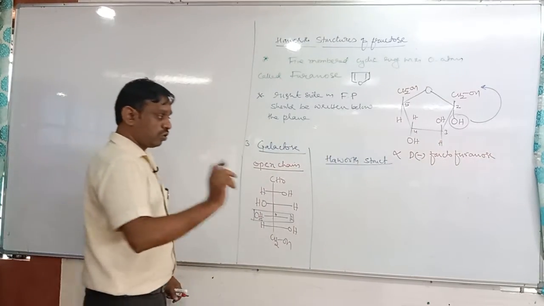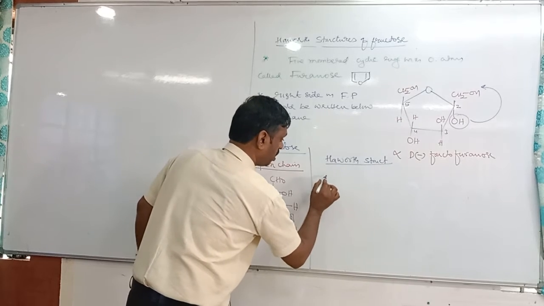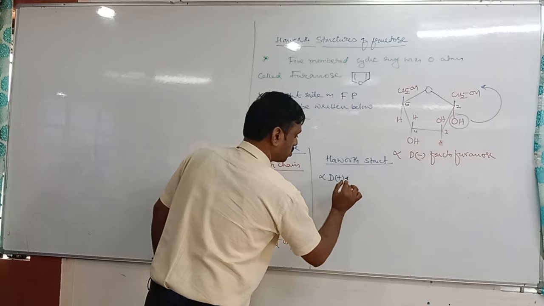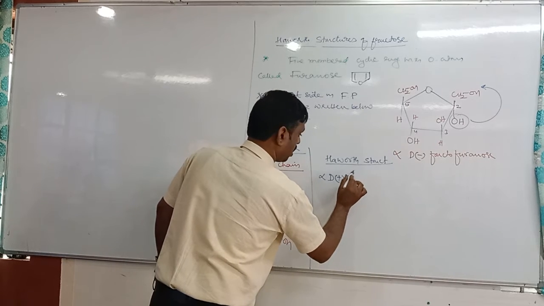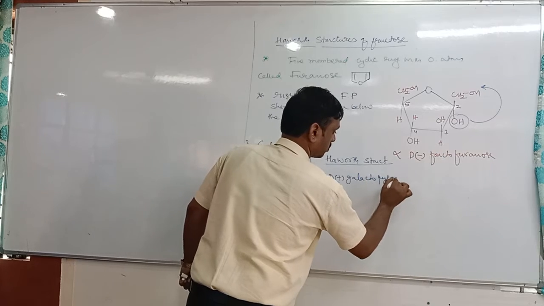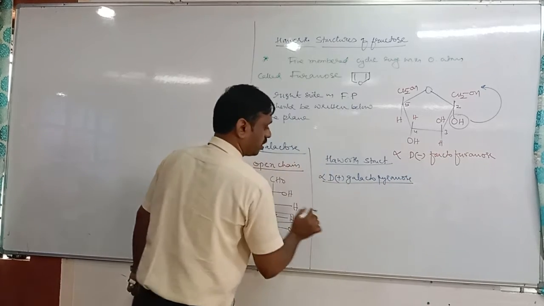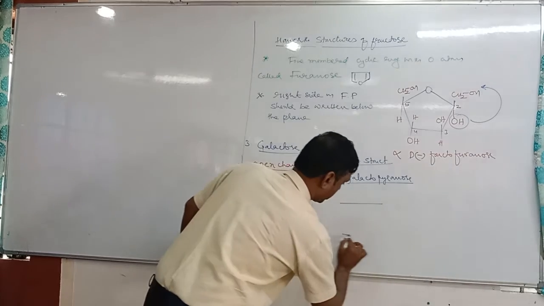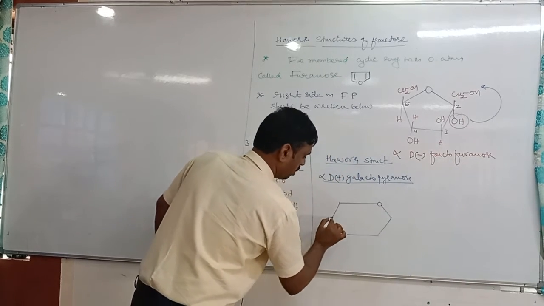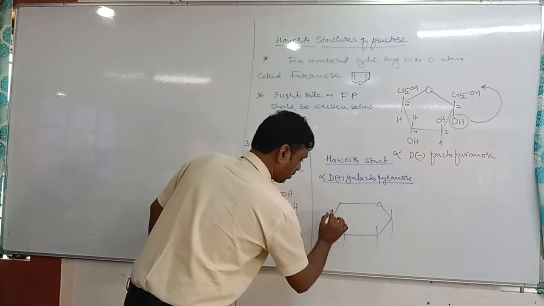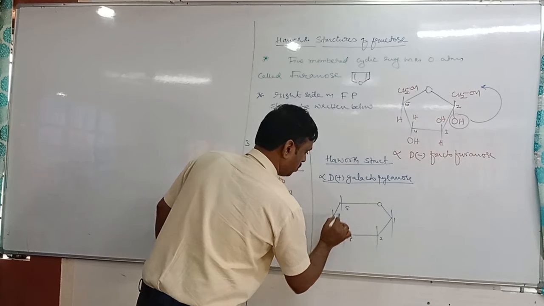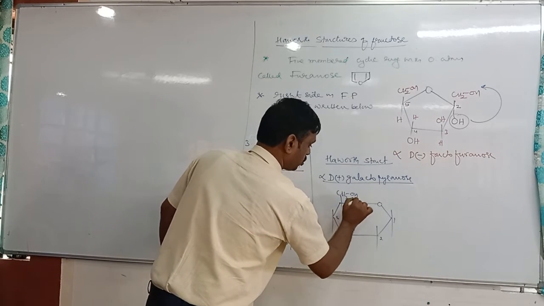To draw the Haworth structure, remember the glucose structure. I want to draw alpha-D-galactopyranose. Tell me, in case of glucose, 1, 2, 3, 4, 5, 6 is CH2OH.